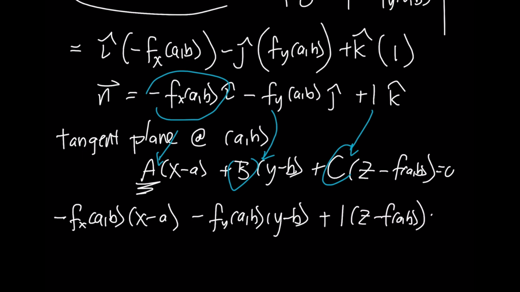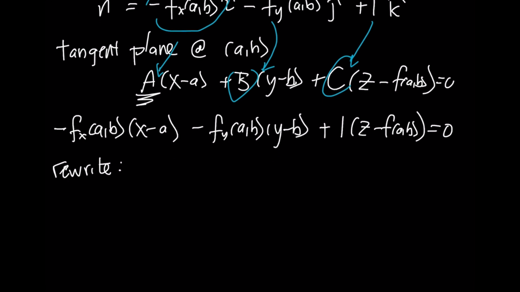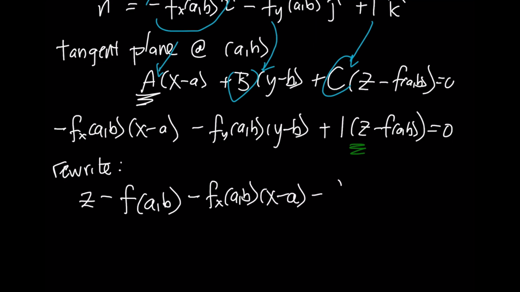So we've successfully computed the equation of the tangent plane, but what we're going to do is just rewrite this to try to mimic what was done in the single variable case. And if I rewrite it for z, what I'll get is z minus the value of the function at (a, b), subtract the partial derivative at (a, b) times x minus a, subtract the partial derivative at (a, b) with respect to y times y minus b.